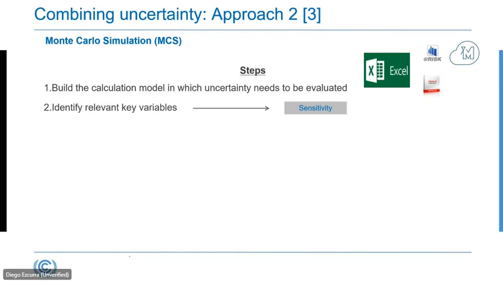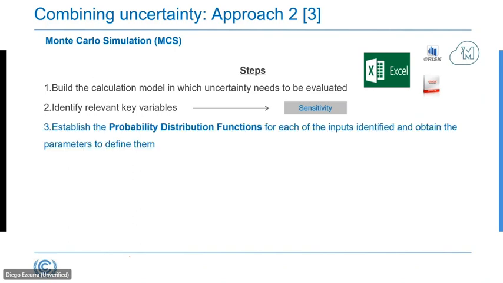But if it's just a small category, we will not see a result. But that's one of the first things you should do to try to identify which are the variables that are really important, and you will like to put resources and time to better understand the behavior of those variables and assign probability density functions.